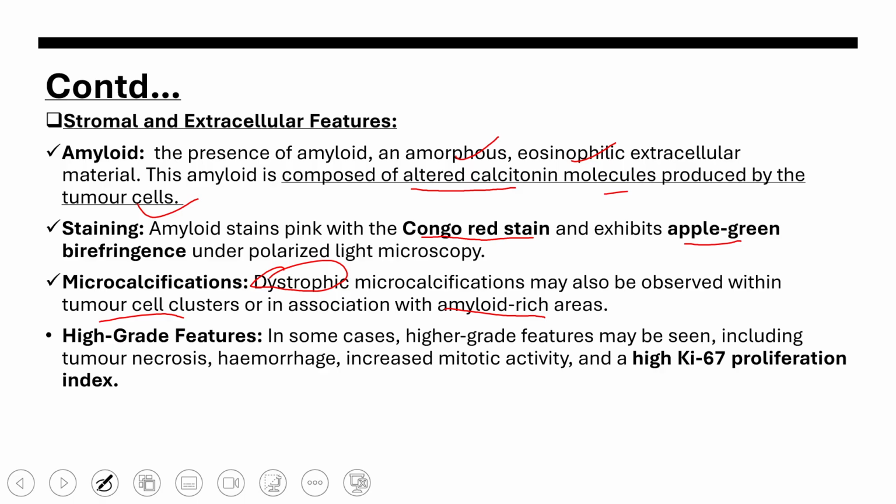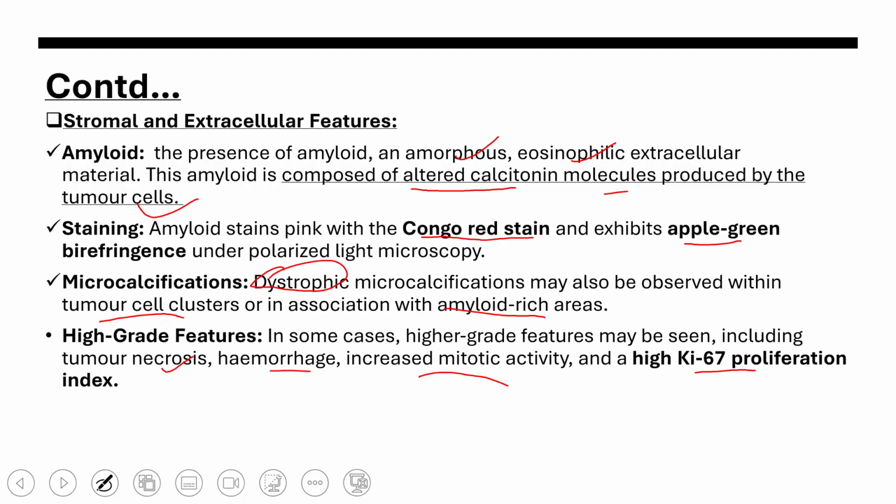High grade features can also be seen, like a high Ki67 proliferation index. That also includes tumor necrosis and hemorrhage with increased mitotic activity. This Ki67 protein is found in cells during the active phases of the cell cycle, like S phase, G1 phase, G2 phase and mitosis, but not in resting cells or cells in the quiescent phase.